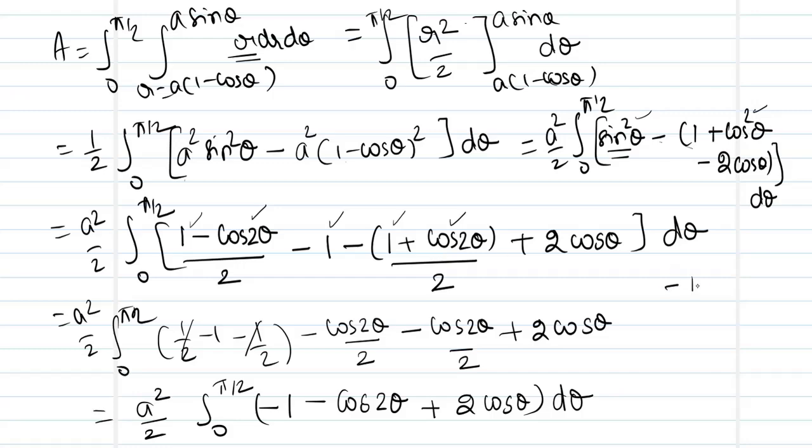Minus 1 makes it minus 2 divided by, already there is a 2, so this gives me minus cos 2 theta. And the last term which is available here is 2 cos theta. So now this has to be integrated with respect to the variable theta between the limits 0 to pi by 2. So we move on to the next slide.